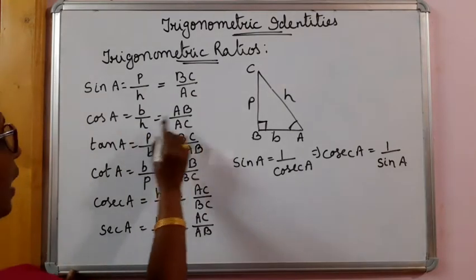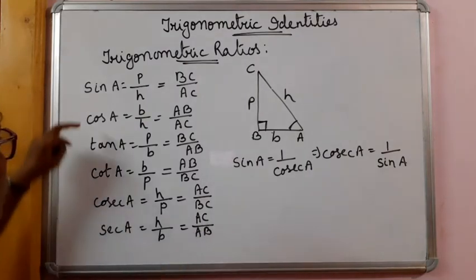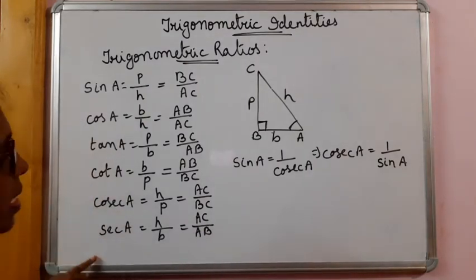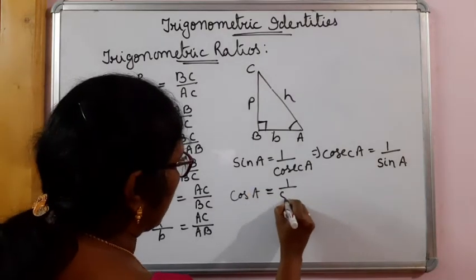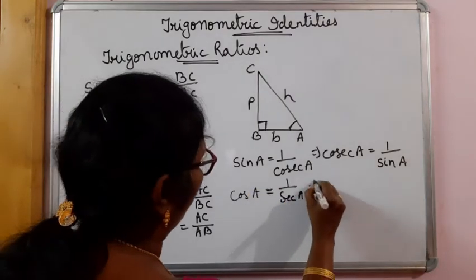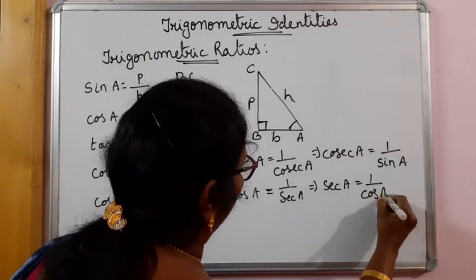Same way, we can see here is AB by AC, here is AC by AB. That means cos and sec are reciprocal to each other. Cos A equal to 1 by sec A, or sec A is equal to 1 by cos A.